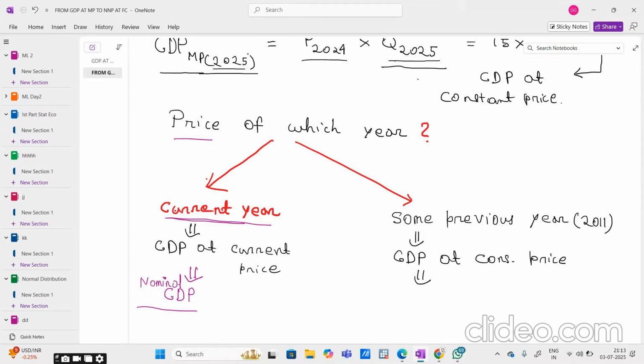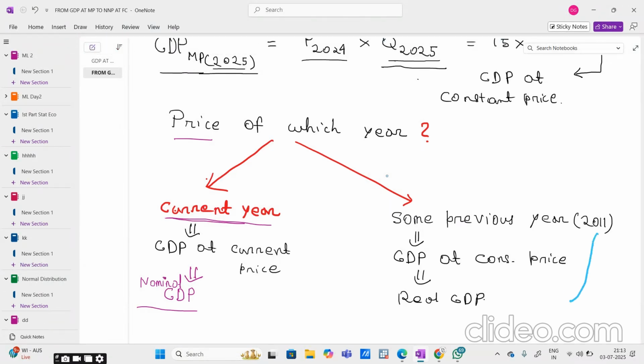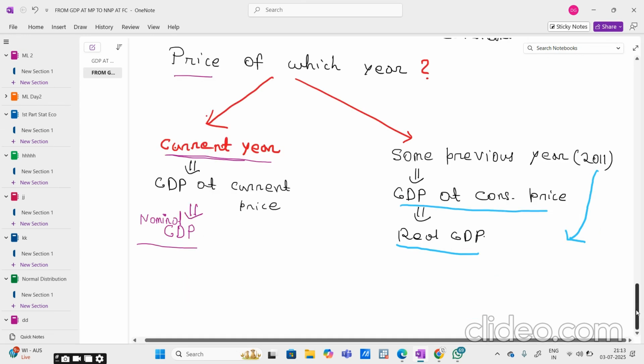It is also known as real GDP. And one thing more to add, the year which is used to calculate this real GDP or GDP at constant price is known as base year.